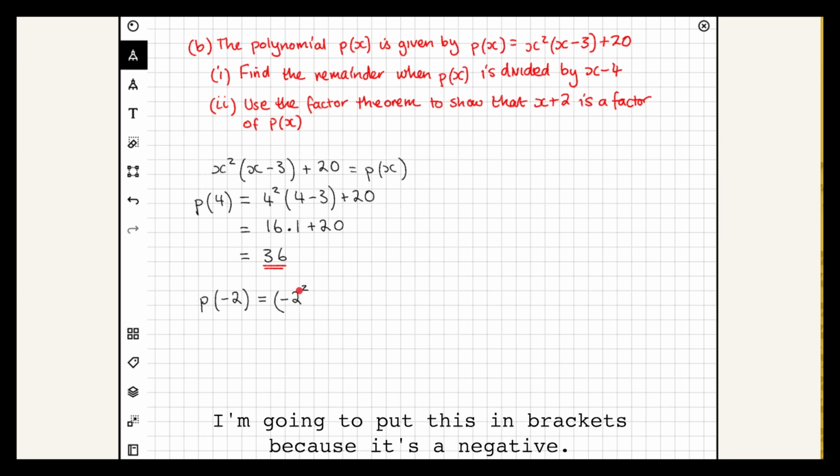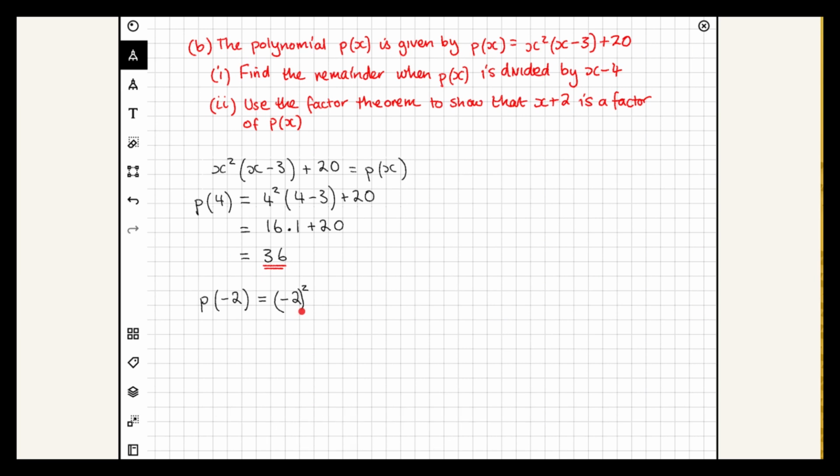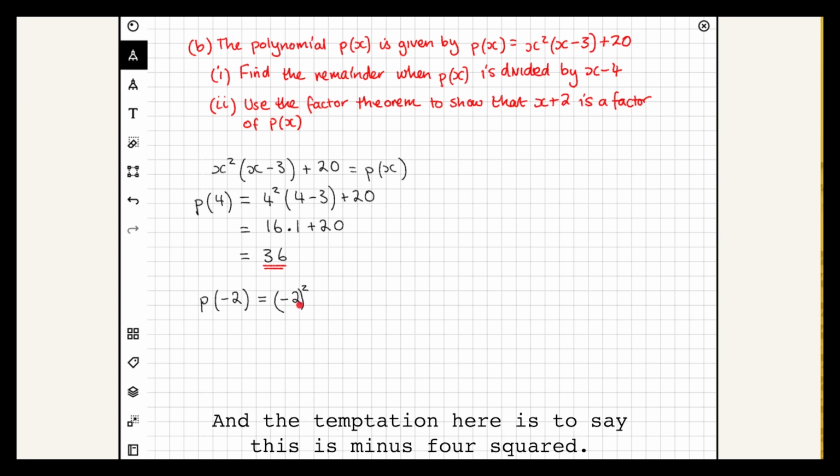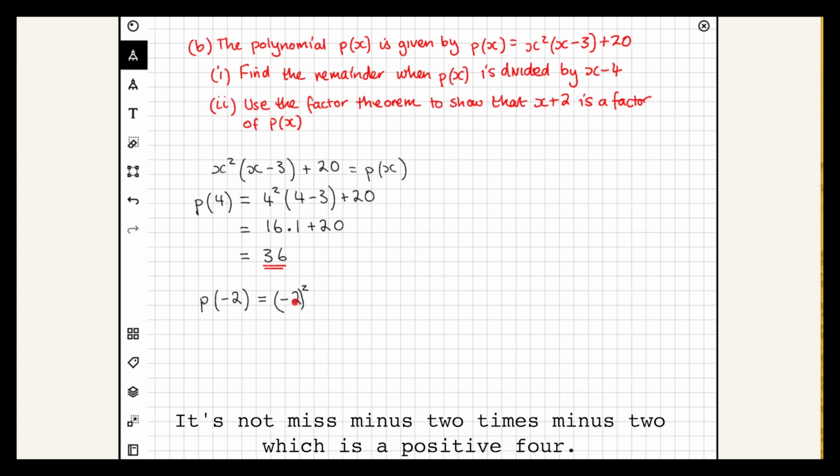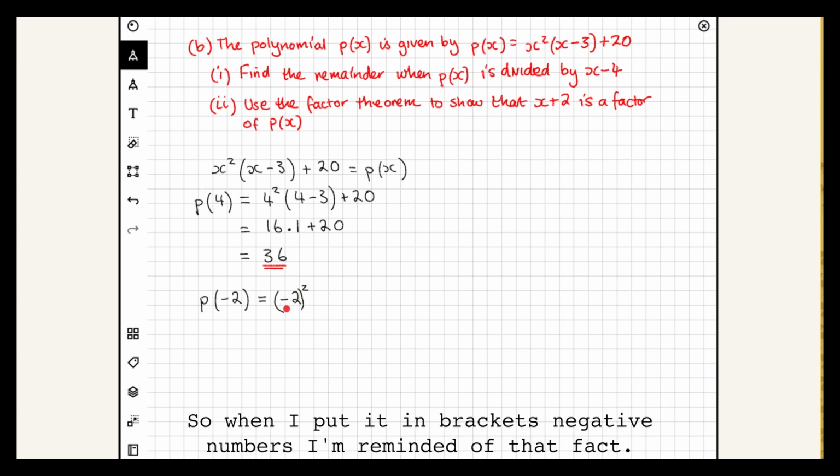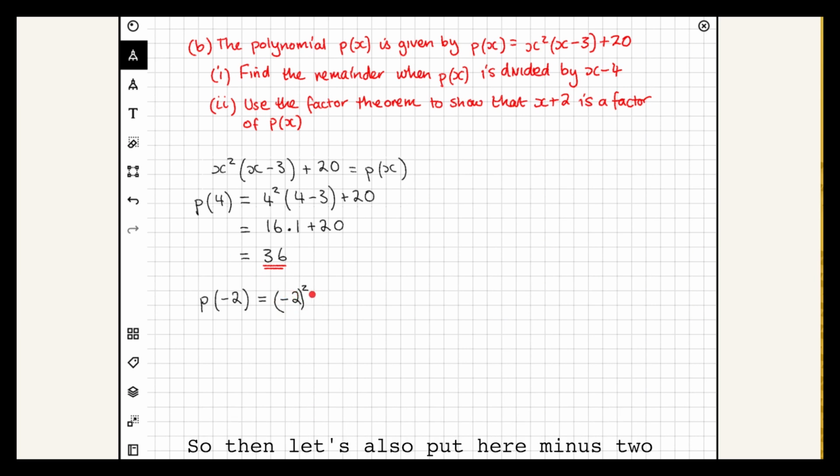I'm going to put this in brackets because it's a negative. The temptation here is to say this is minus 4, but it's not. It's minus 2 times minus 2, which is a positive 4. When I put negative numbers in brackets, I'm reminded of that fact. So then let's also put here minus 2 minus 3, and then plus 20.